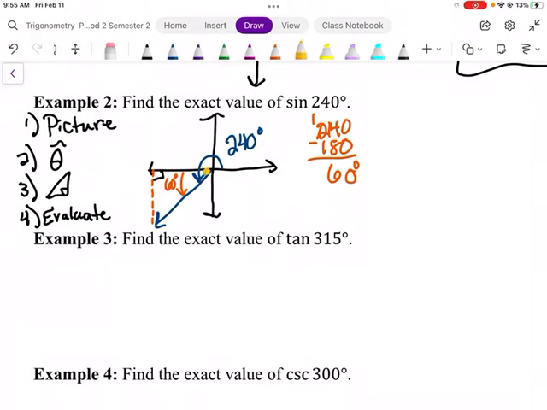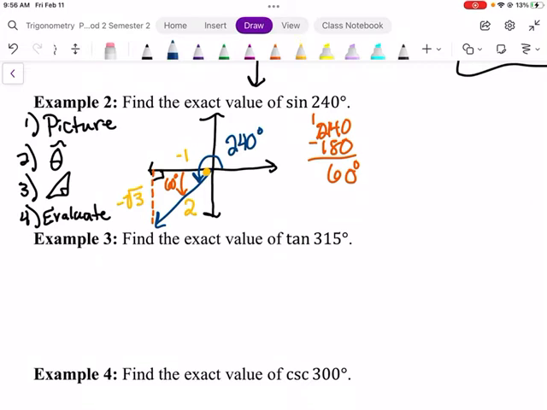So we know that this angle down here is 60 degrees. So opposite of the 60 degrees is the square root of 3. But we are going down, so we're going to use negative square root of 3. We know the hypotenuse is 2. And then the other leg is going to be 1. But we're going to the left on the x-axis, so that would be negative 1.